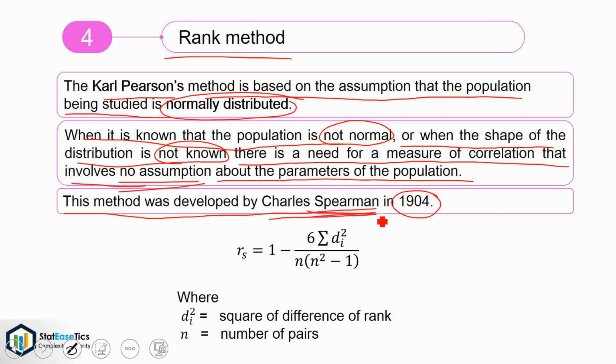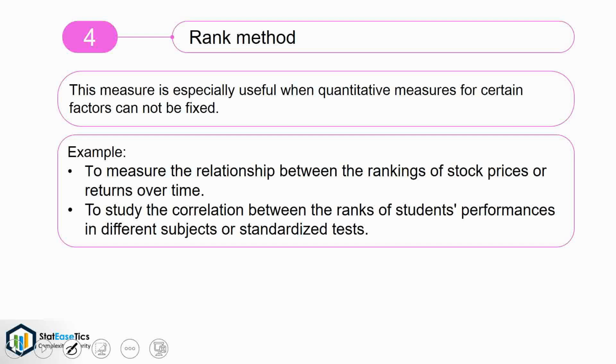It can be notationally written as Rs is equal to 1 minus 6 summation di square divided by n into n square minus 1, where di square is equal to square of difference of rank and n is number of pairs. This measure is especially useful when quantitative measure for certain factors cannot be fixed.